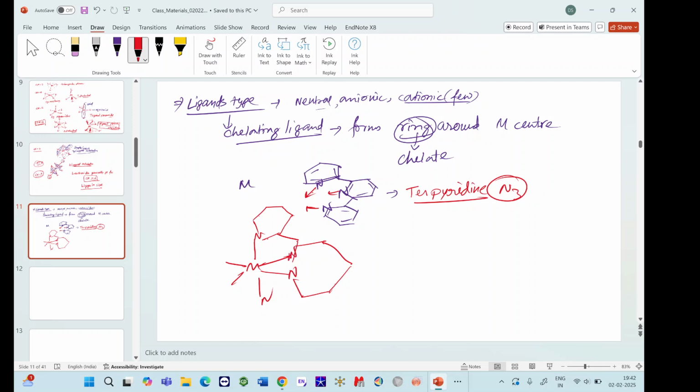This will be another end but different. This will be connected to here. Better I show with another color. Then we have this.